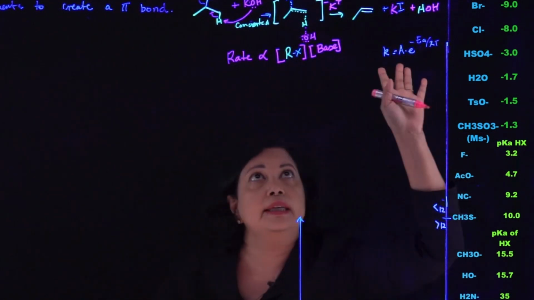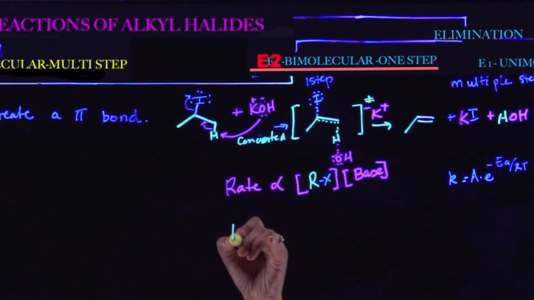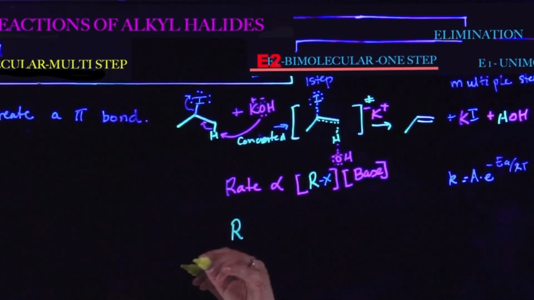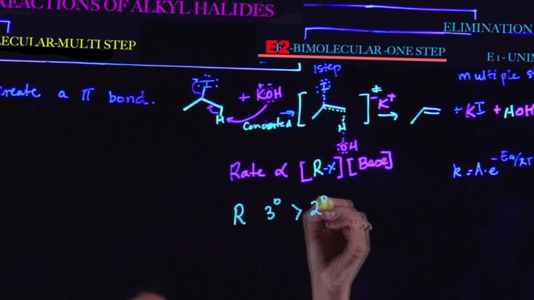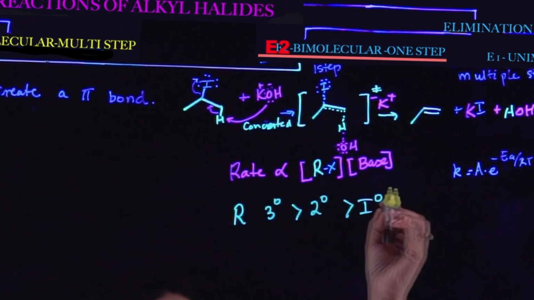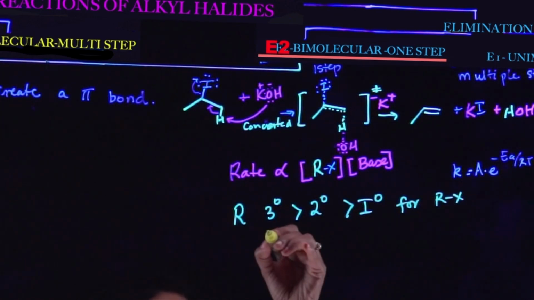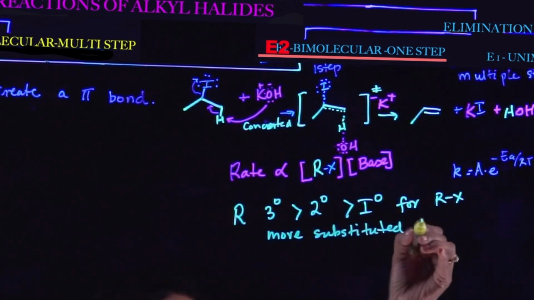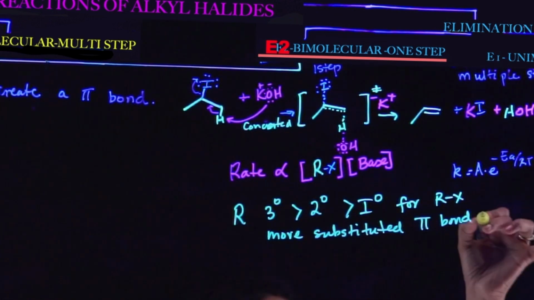That's pretty much it. So your R would be more substituted, it would be faster. Tertiary, better than secondary, better than primary for Rx. More substituted pi bond will bring down that activation energy.